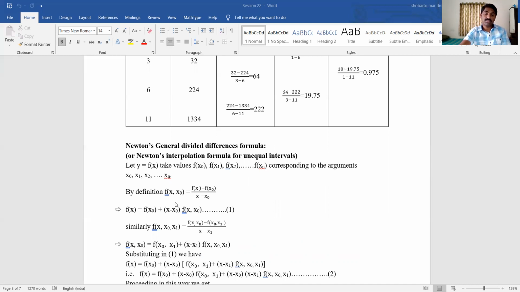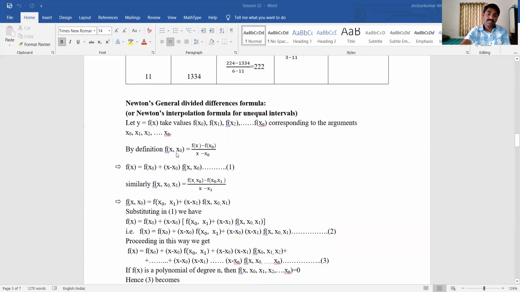By definition, the first divided difference f of x comma x0 is f of x minus f of x0 divided by x minus x0. From this, just rearranging, f of x is equal to f of x0 plus x minus x0 into f of x comma x0. Call it 1.